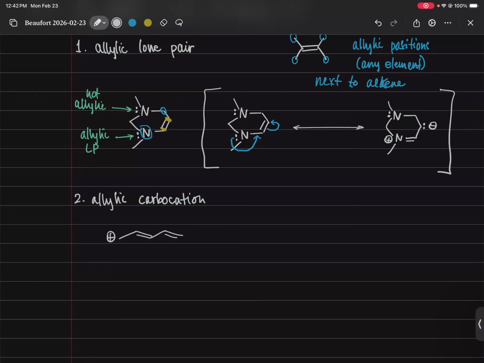And so we're actually going to go the other direction, and we're going to start from the pi bond. And so those electrons are going to move toward the positive charge. And so we're just going to scoot the pi bond over by 1 position.